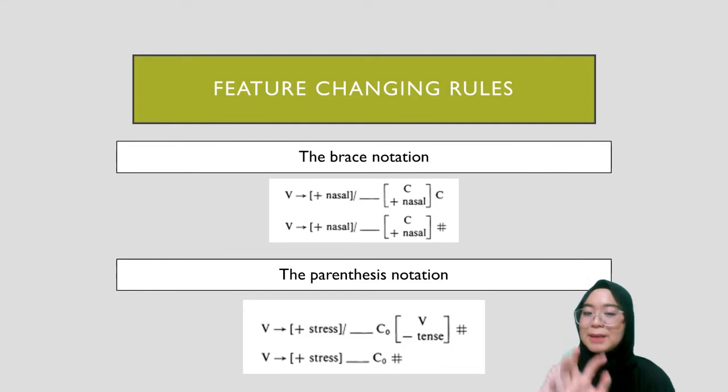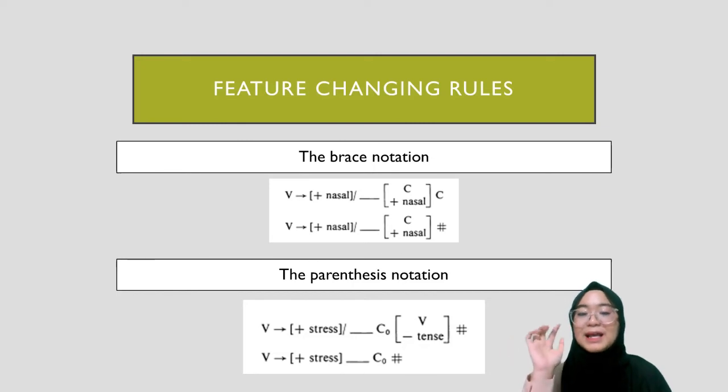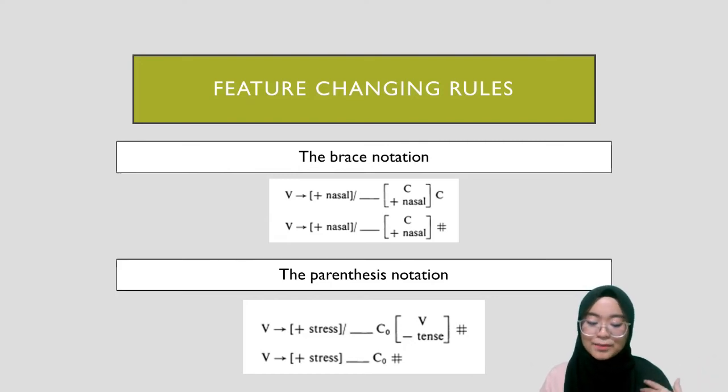The example is coming from the French language. The vowel becomes nasal when followed by a consonant or a nasal. However, in parenthesis notation, parentheses are used as a formal device for collapsing two similar rules when one contains a specification lacking in the other.